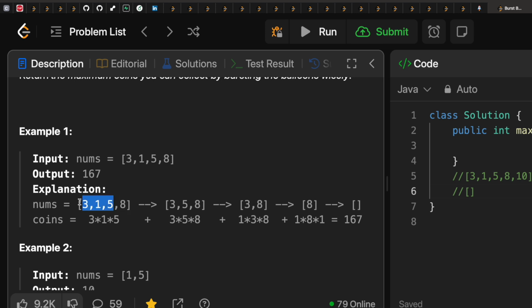So for this 5, the 8 will always be right because we are not busting 8 currently, we will be busting it at last. So 5's right will be 8, and the 8's right will be 1.